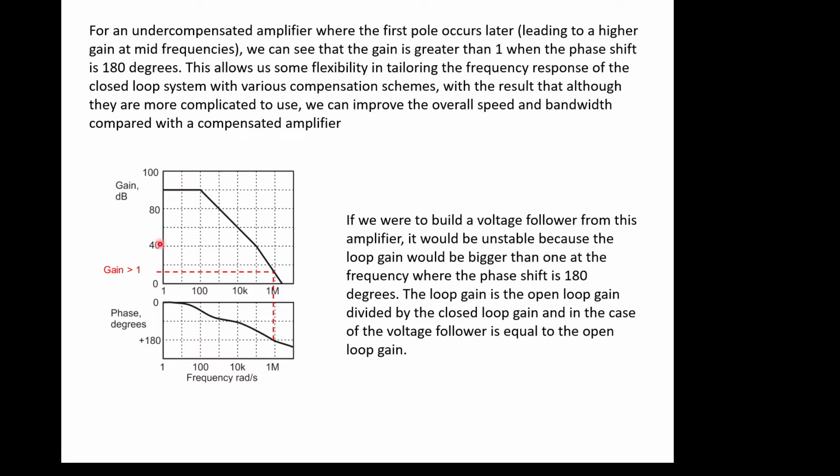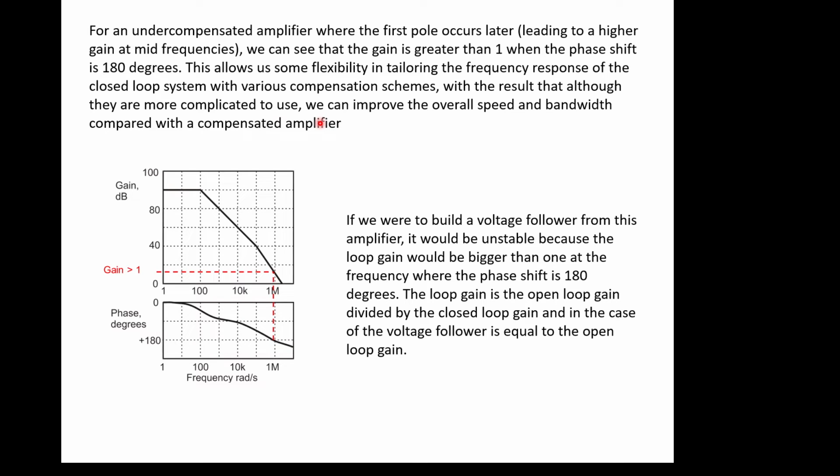If we had a gain higher than that, 40 dBs, and then looked down, we can see the phase shift at that point is less than 180 degrees, so we'd be okay. So actually this is running into problems for a low gain amplifier, and you might think that's counterintuitive, that you'd have problems with a high gain amplifier, not a low gain amplifier. But the problem with fast systems is if the closed loop gain is too low, you can run into problems.